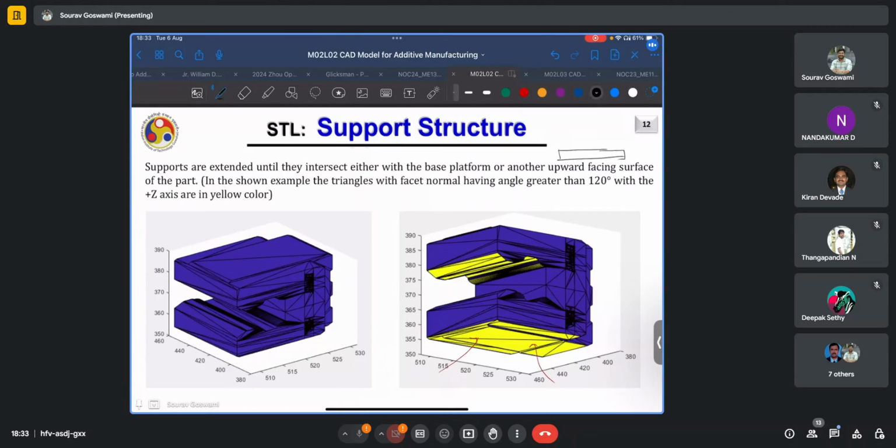Say if this is your substrate and this is your geometry, you will always have supports here in the case of processes like FDM or powder bed fusion or any other, which make separation from the substrate easier and which preserve the build quality, the surface quality of your build. It also acts as a sort of machining allowance when you want to separate your part from the substrate using a process, say like Viridium.